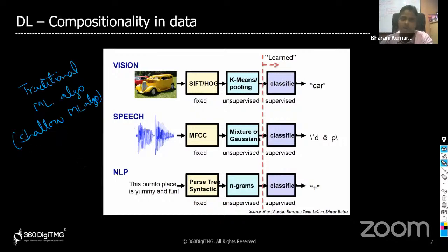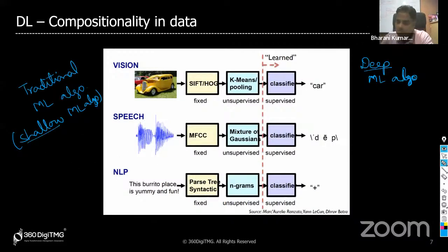Why do you call them shallow? Because on the other side, you have deep machine learning algorithms. Deep, shallow.